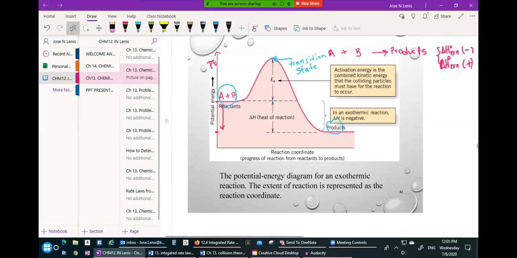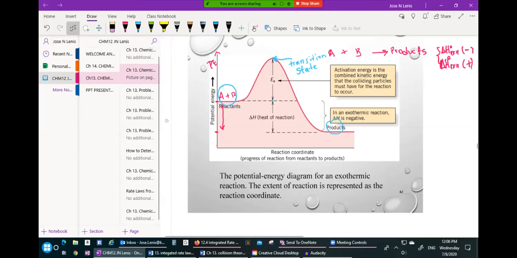You increase temperature, they move faster and faster. So they are gaining more kinetic energy. It's transforming, in this case, from potential energy to kinetic energy because you are giving heat to the system.